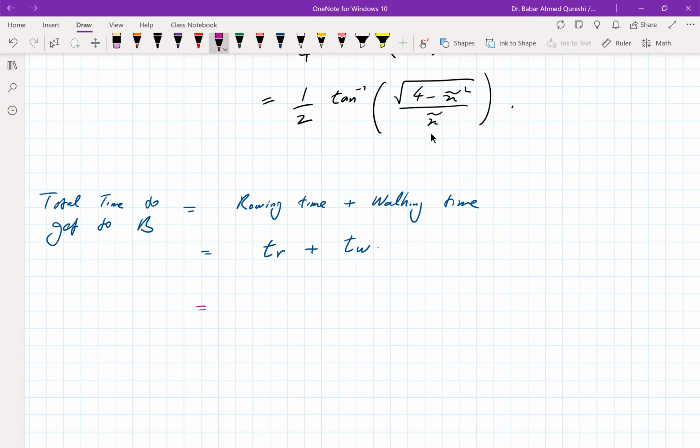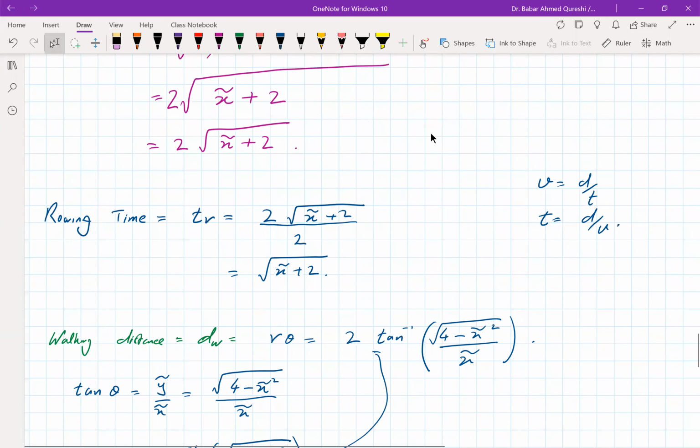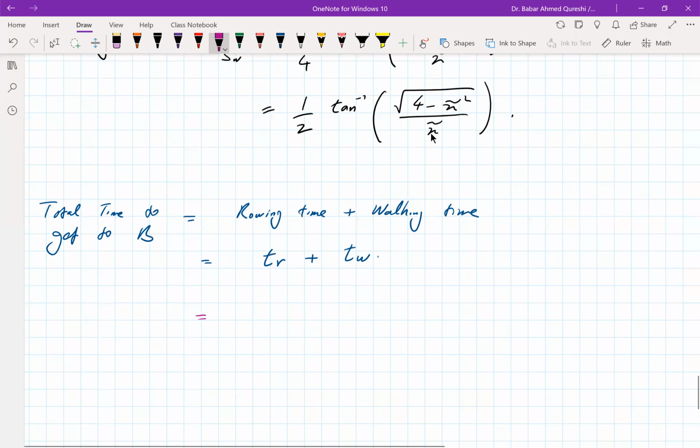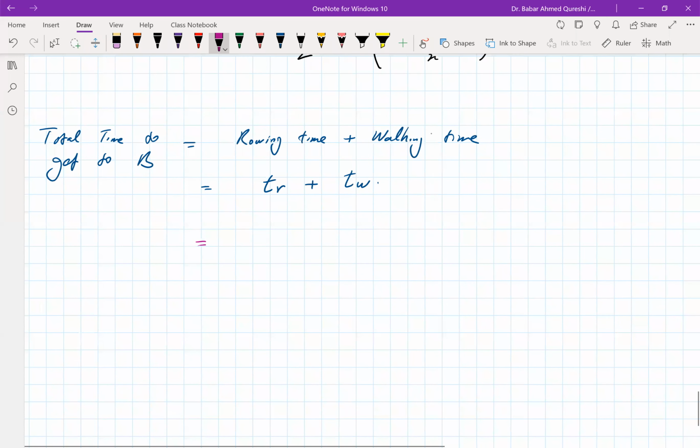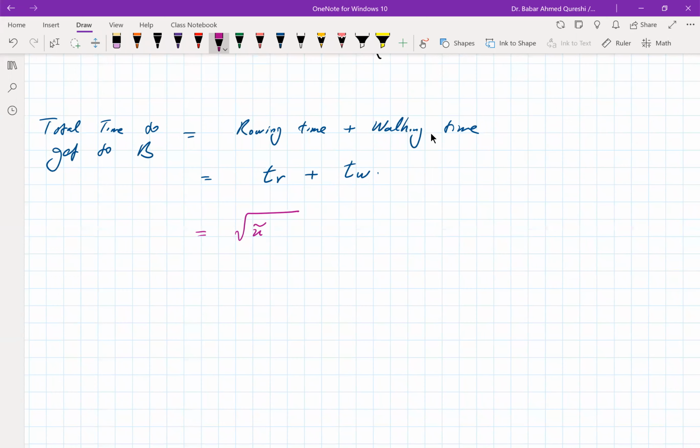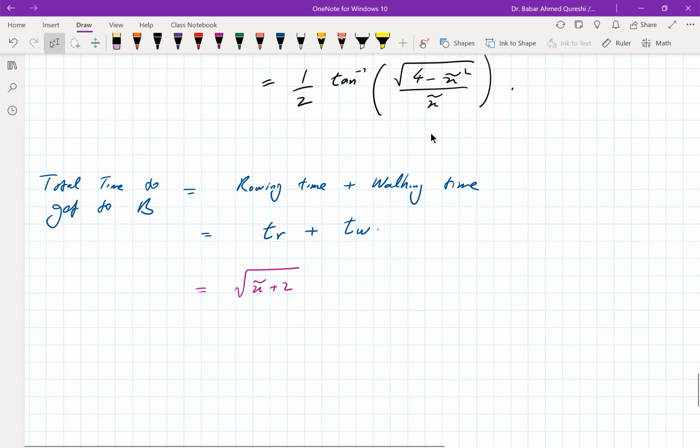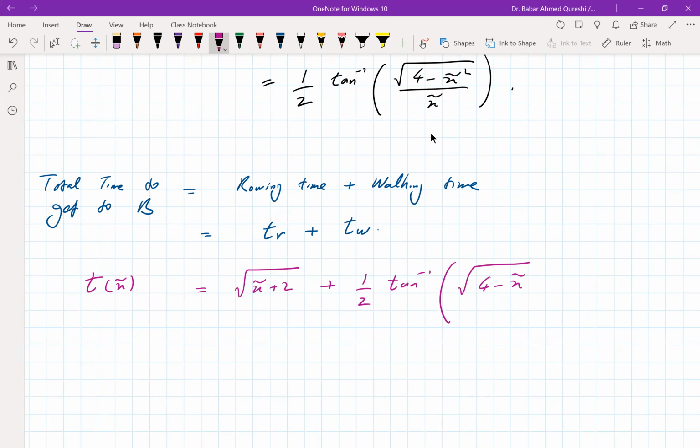What was that? That was square root of x plus 2. So let's call it time. This depends on the coordinate x tilde. So that's your total time, and you are extremizing this.